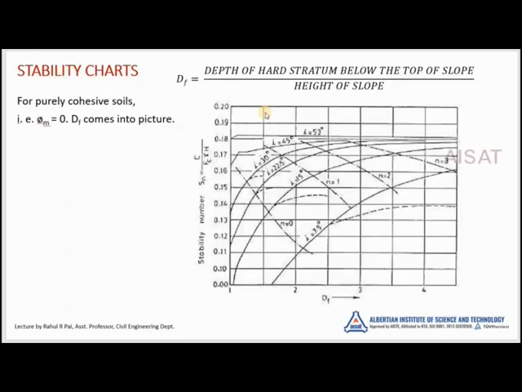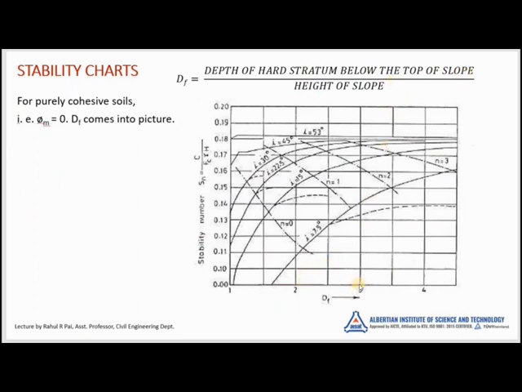Next is for purely cohesive soil, that means if the mobilized friction is 0, then we have another chart here. The stability number is plotted against the depth factor. So what is the depth factor? df is equal to depth of hard stratum below the top of the slope divided by height of the slope.